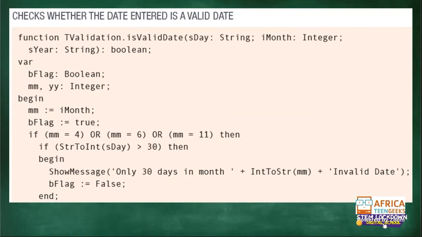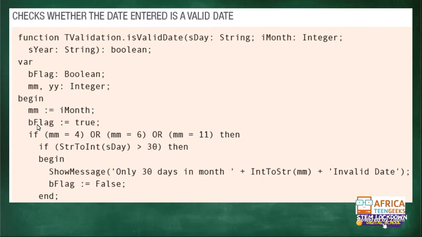The only thing I can think of is to reduce the size of this if statement over here, so that it's not cluttered, but that is not necessary. Anyway, MM is the month. And again, if I take today's date, it's going to be 5, or 05. Well, it's an integer, so it's going to be a 5.